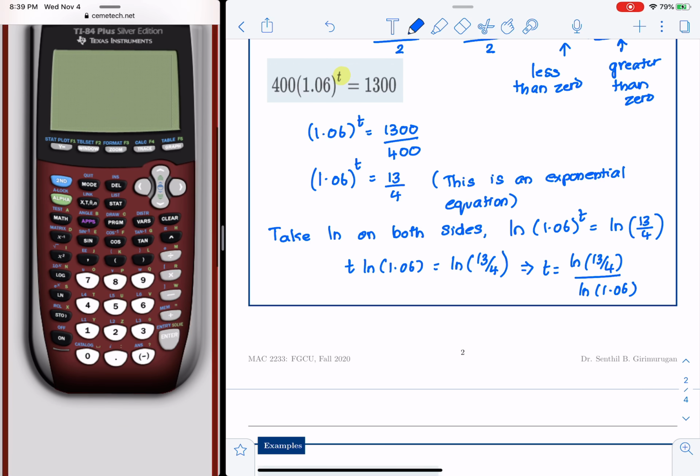So in your calculator, ln of 13 over 4 divided by ln of 1.06 would give you 20.2278, which I could approximate as 20.228.